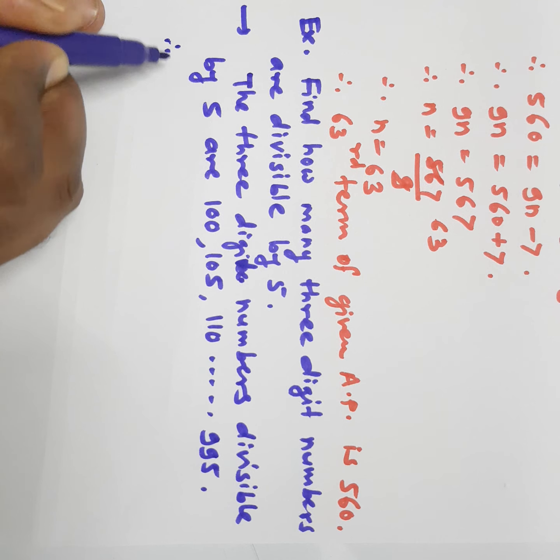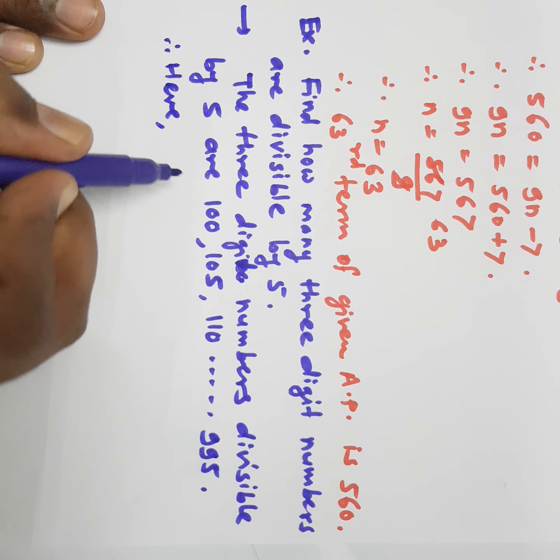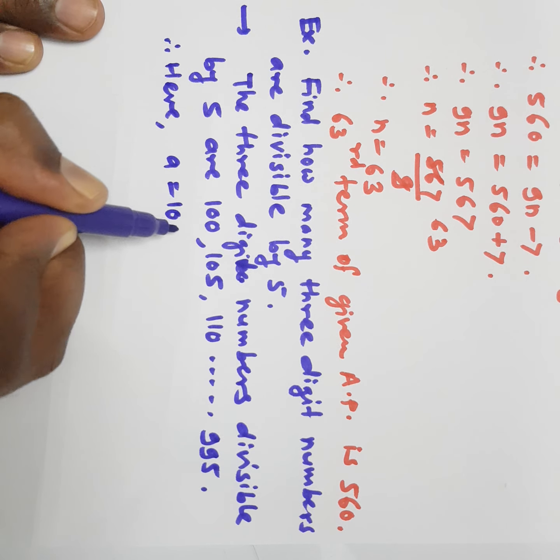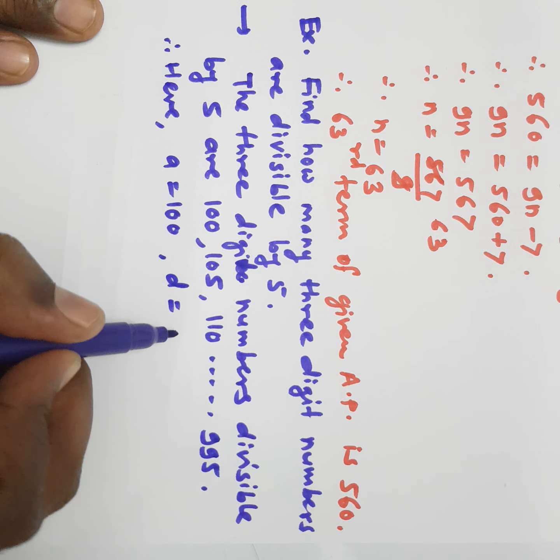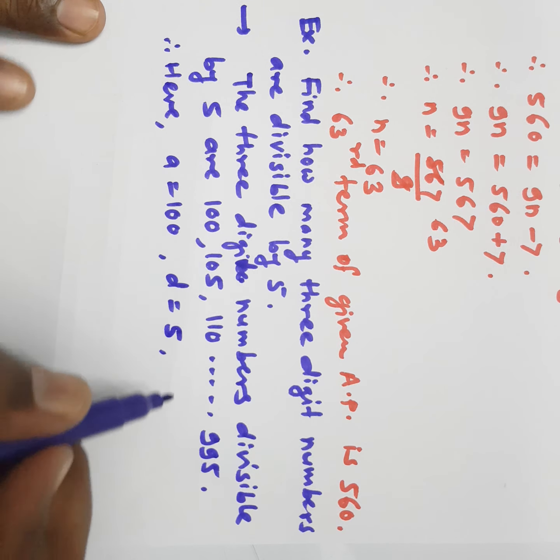Therefore, here A is equal to 100, D is equal to 5, and the nth term of this arithmetic progression, the last term, is 995, and we have to find n.